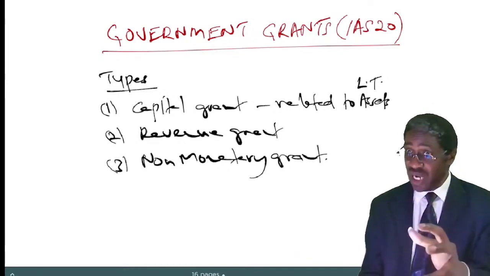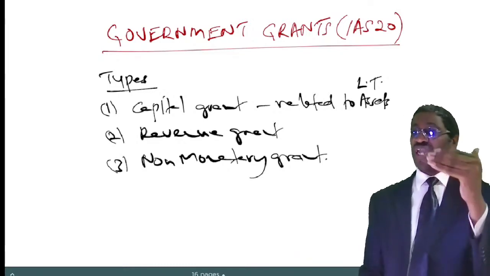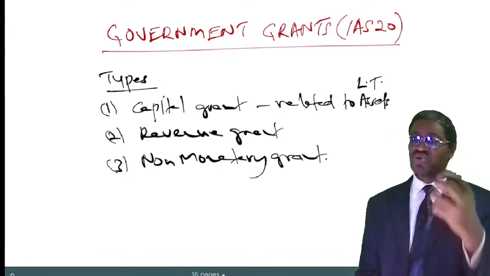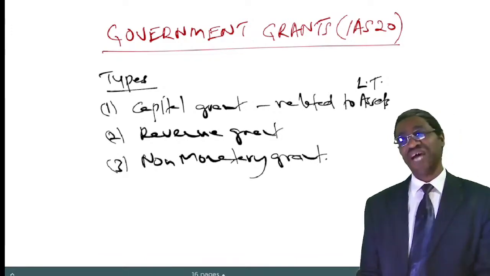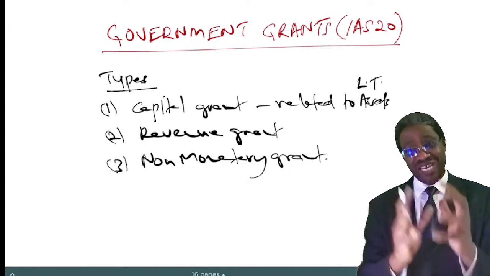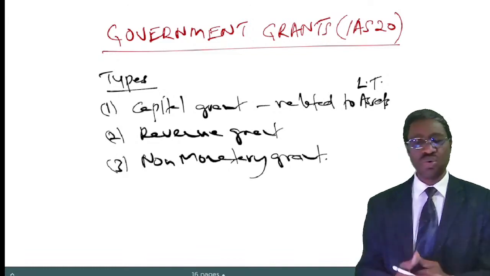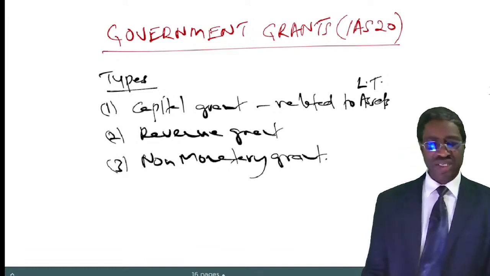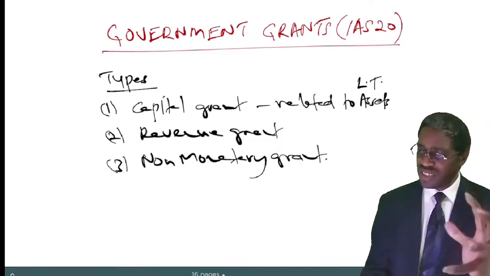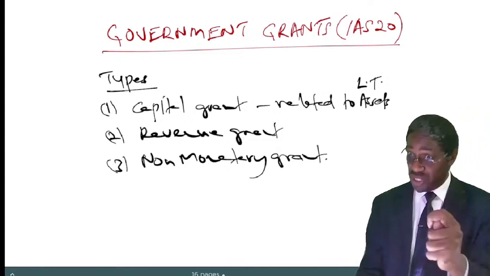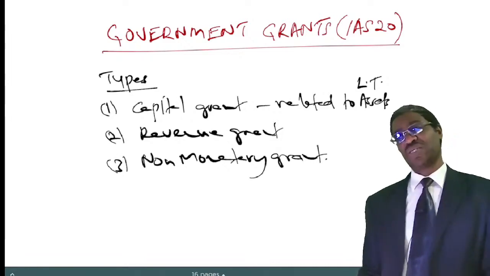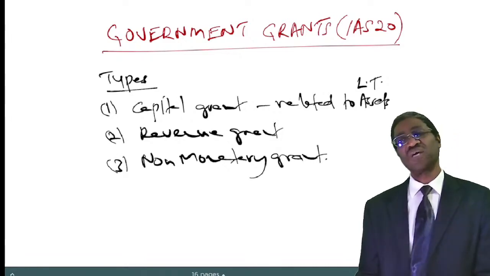If you are given some money as a business to acquire land, or to build a road or a building, that kind of grant is a capital grant. These are grants related to assets, given either to purchase or to construct a long-term asset.